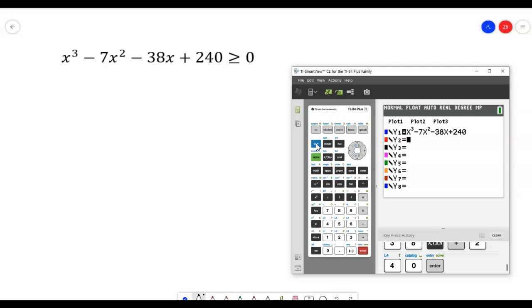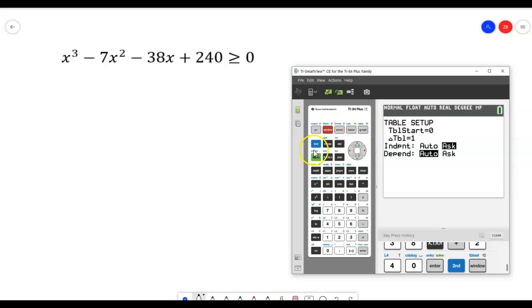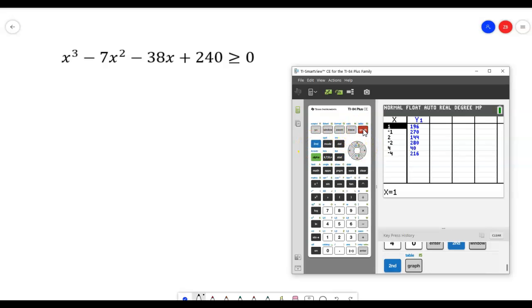So I go to second window, ask and auto, go to my table, and delete these out. It doesn't look like I'm going to have an easy one, does it?